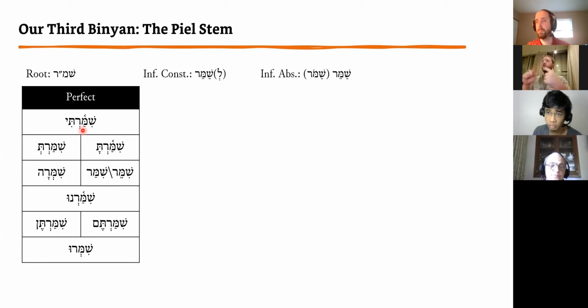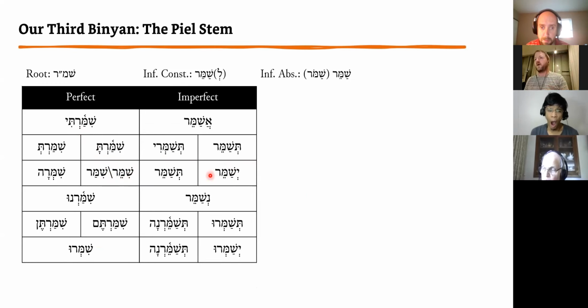An imperative and a vav consecutive with perfect. So we're not going to see the third masculine singular form like this in a lot of situations. Instead of this, it's going to say vayishamer, if it would use this word. It would use the imperfect with a vav consecutive, vayishamer.